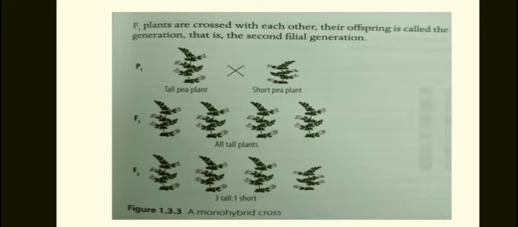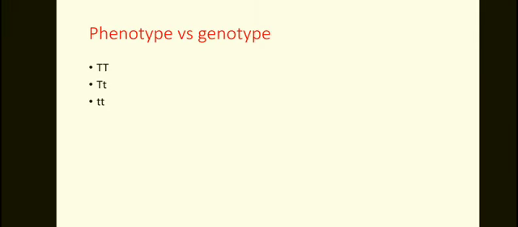F1 meaning first filial, coming from sons, descendants. F1 means first filial generation. All of them are tall. So we spoke about genotype. These are genotypes.